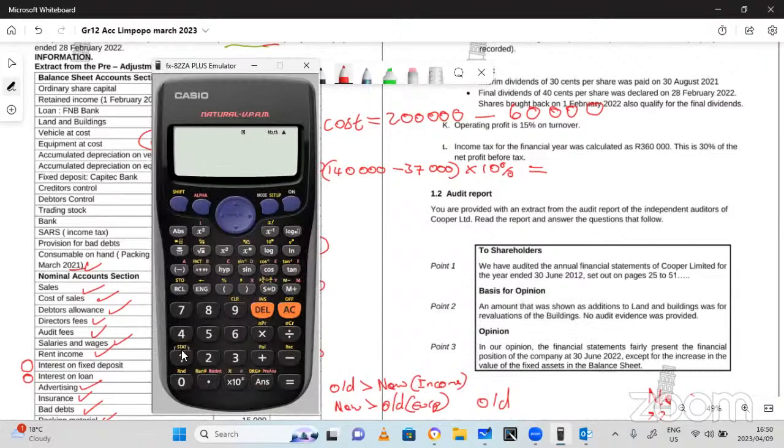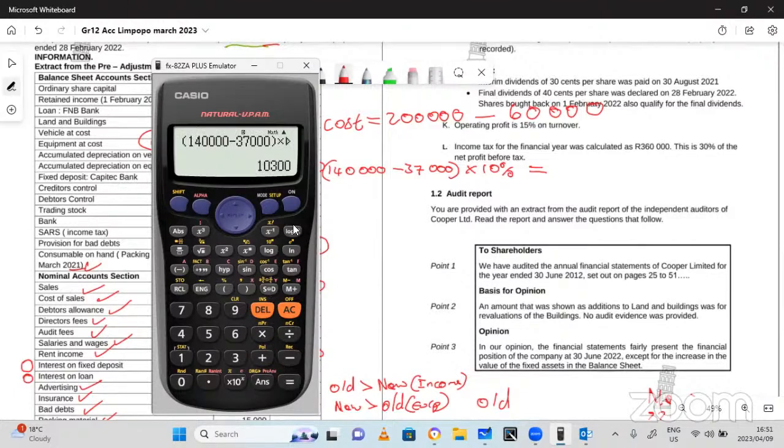So when you are punching the calculator, you're going to take your 140, open your brackets, 140,000. You minus 37,000. Close your bracket. Then you multiply it with 10 percent shift percentage. So you will get what?